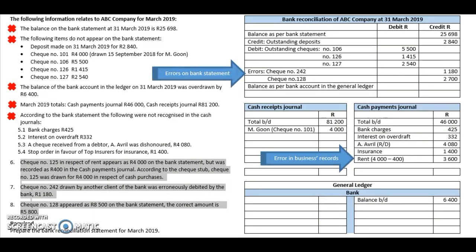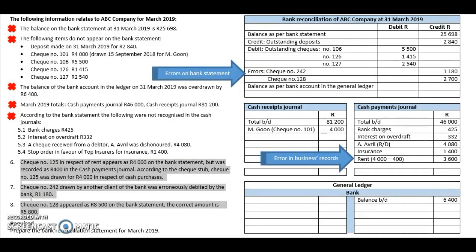The first error, in note number 6, is a check that appears as R4,000 on the bank statement, but as R400 in the cash payments journal. The correct amount per the check stub is R4,000. The incorrect entry is thus in the cash payments journal and should be corrected there.